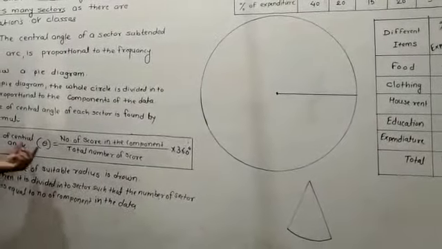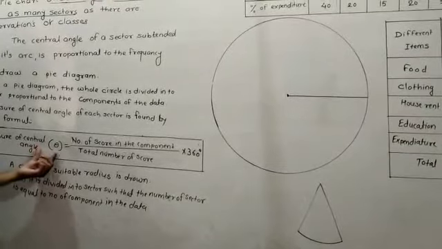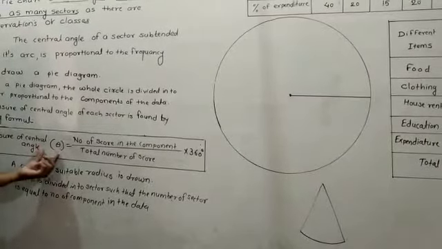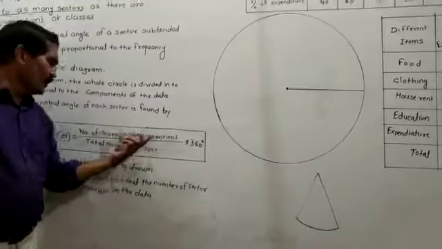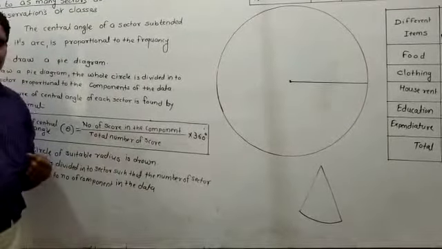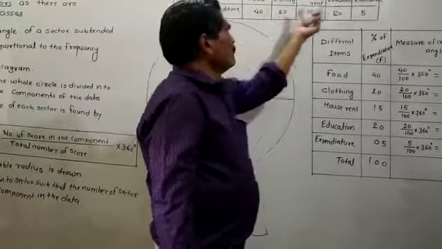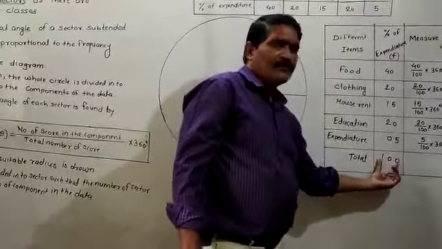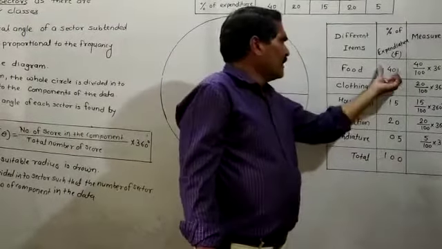Measure of central angle theta is equal to, you will calculate this theta in degrees. So measure of central angle theta is equal to number of scores in the component upon total number of scores. These are the scores, and this is the total number of scores. This sum of the scores is called the total number of scores.